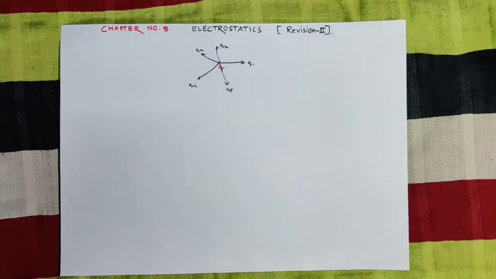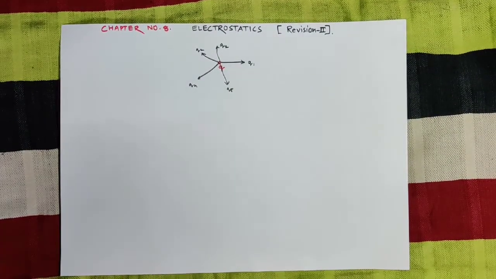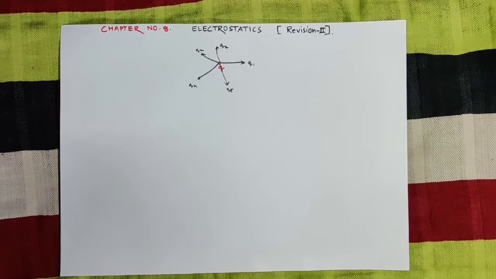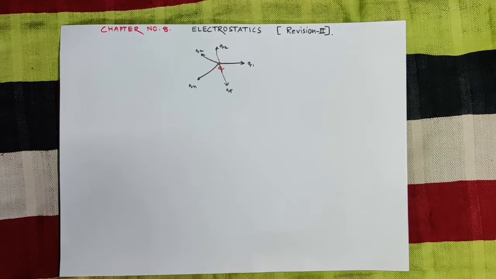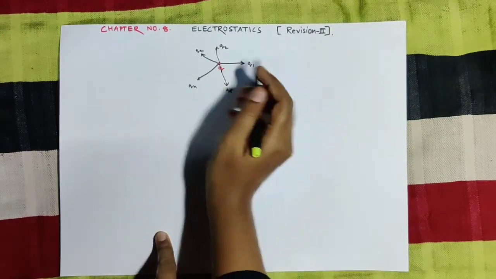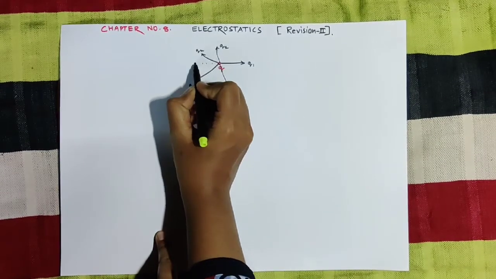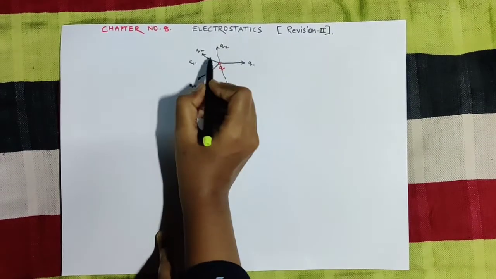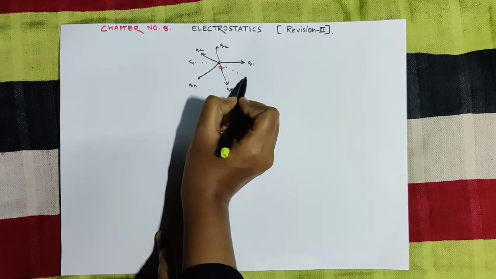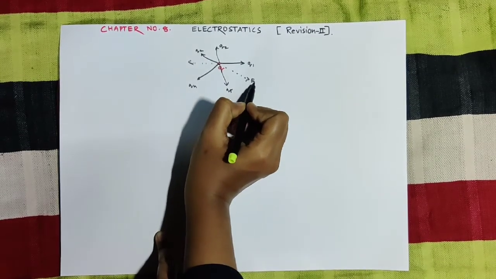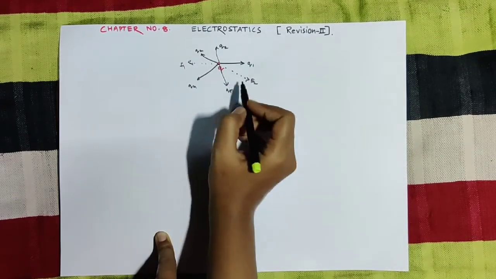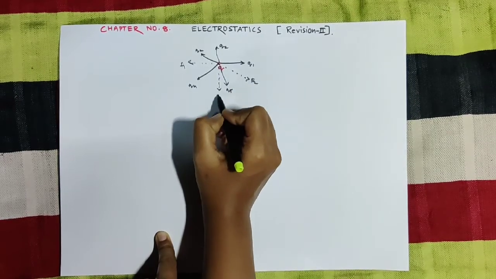Then the statement is the sum of the forces exerted by individual charges. When we consider charge Q1 on the right hand side, the force exerted is on the left hand side. Suppose this is Q2, on the left hand side we consider F2, here is F1. Same for Q2, we consider the opposite charge, that is F3.